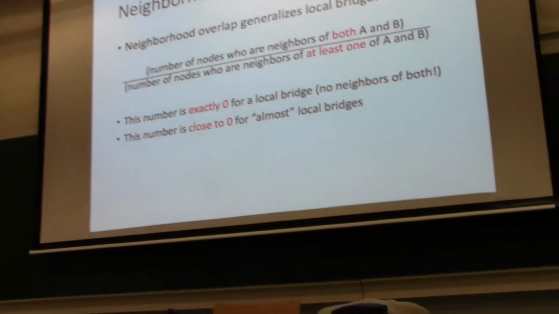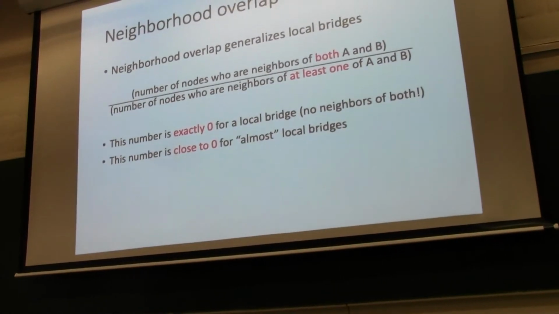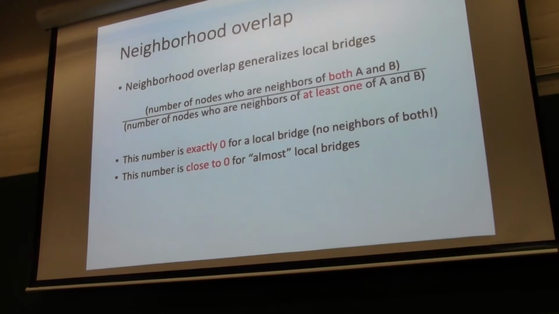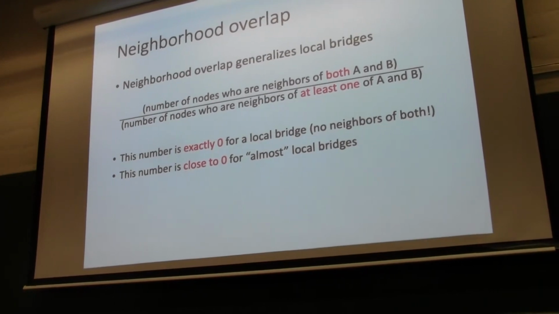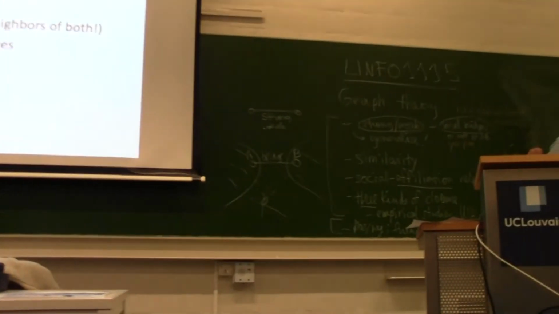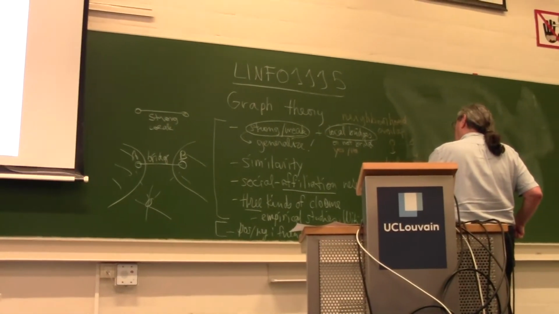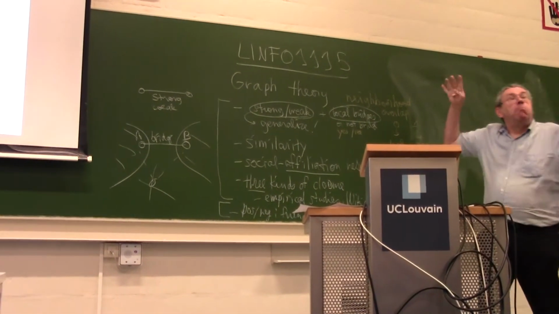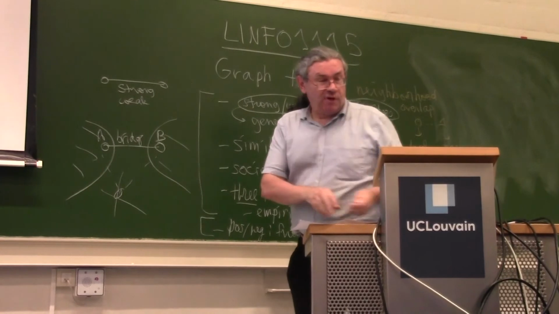So this number goes from 0 to 1, whereas local bridges are binary, yes or no. Here it goes from 0 to 1. Here you have a local bridge at 0, and here you have no local bridge. And in between, it's a little bit of a local bridge.